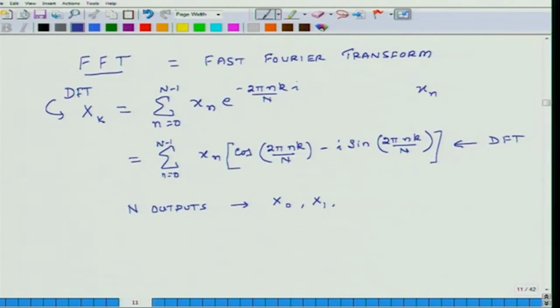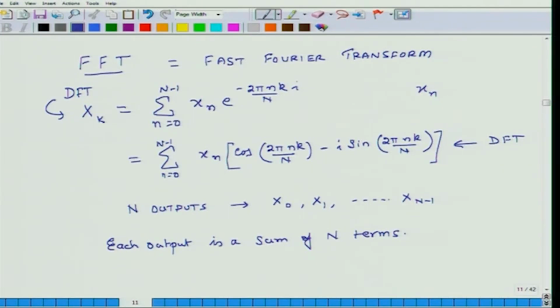X_0, X_1, up to X_(N-1). And each output is a sum of N terms, and then to compute each term you have to find out its cosine and sine and so on and so forth.